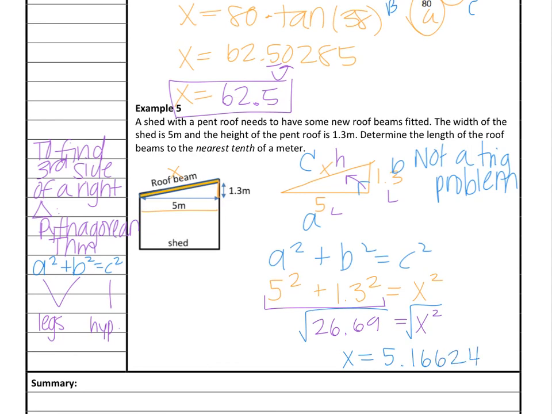We get 5.16624. However, the directions say to round it to the nearest tenth. So take your tenths place as the 1 and look to the right. The 6 tells us to bump up. So we have x equals 5.2, meaning the roof beam needs to be 5.2 meters long.